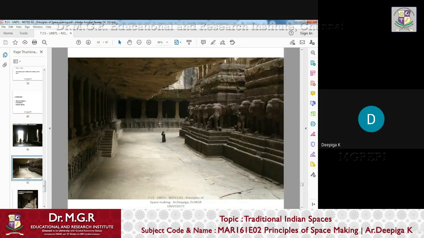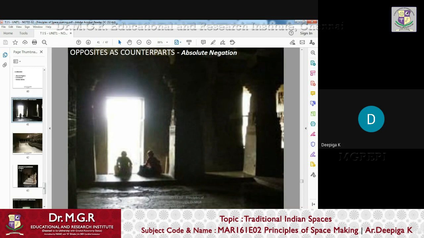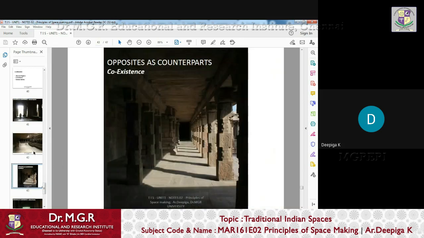So the exact example that he talks about are these carvings that are found in Ellora, the Kailasanatha temple. This is a view from inside of the space. Again, I'm trying to bring that picture. You can relate to a single example in many of them. I think you're seeing this picture for the third time.